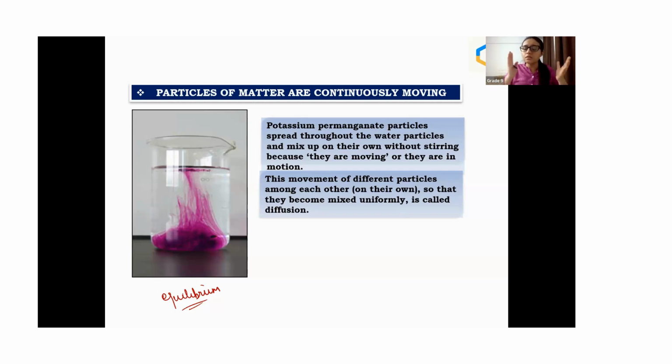So this is where diffusion happens in our bodies, when there is a movement of gases from higher concentration to lower concentration. You must have studied this in the cell chapter as well. A similar thing happens here if we talk about matter. This movement of different particles, diffusion, can happen in every state: solid, liquid, gas.